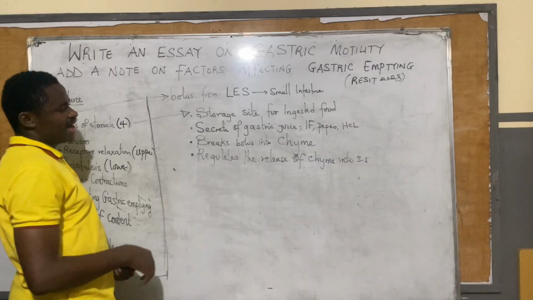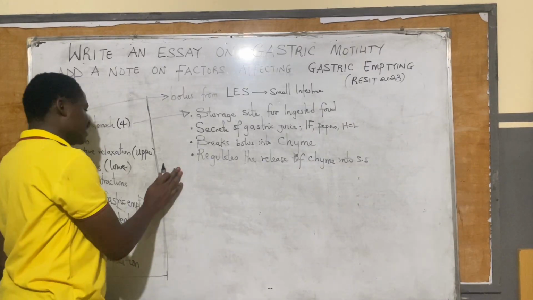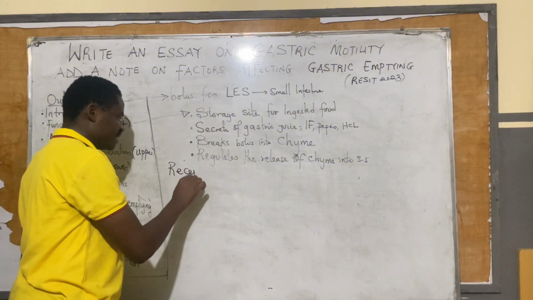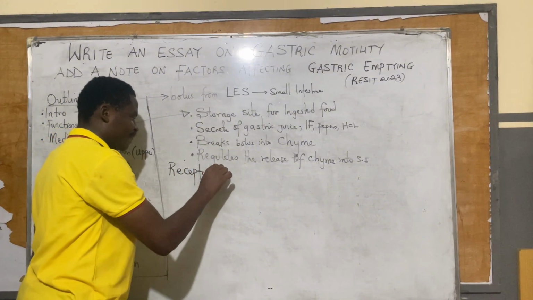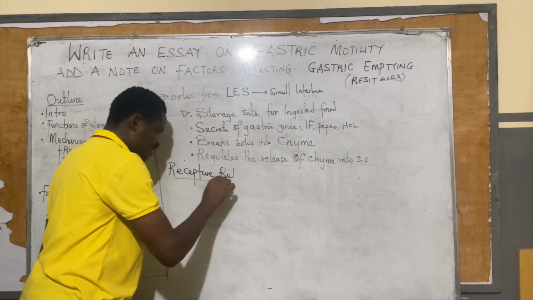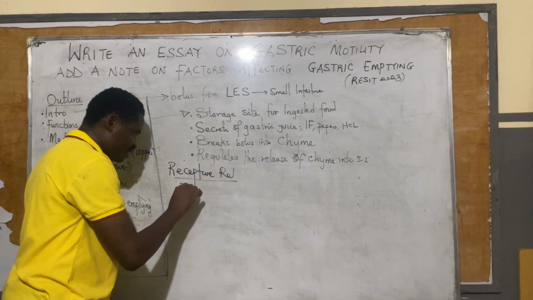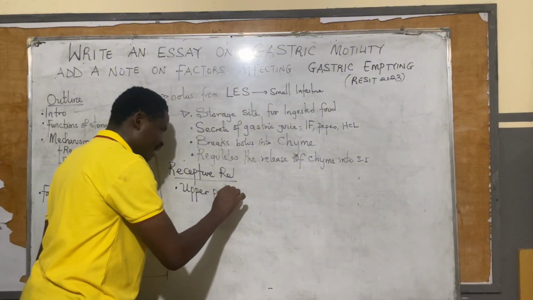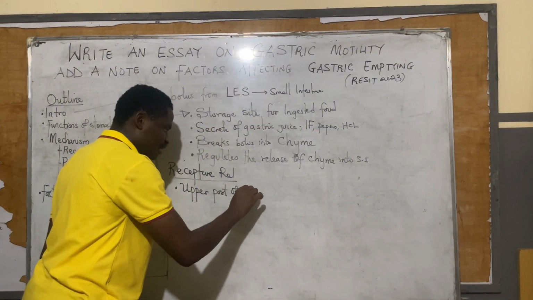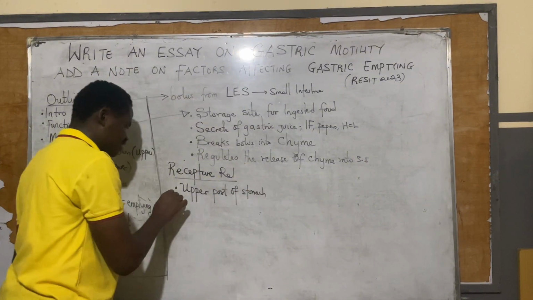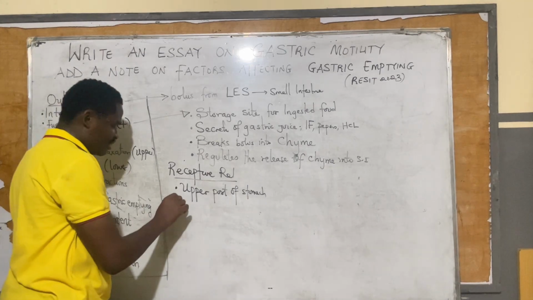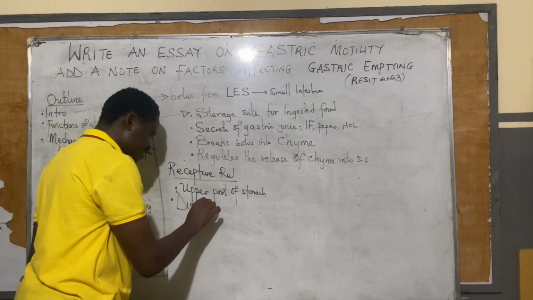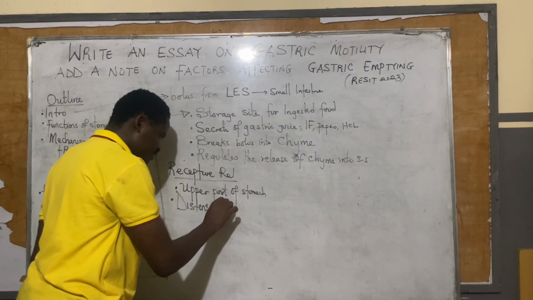Now let's begin with the mechanisms themselves. The first one is receptive relaxation. For receptive relaxation, you must say that this occurs in the upper part of the stomach. Since this occurs in the upper part of the stomach, it is a function of the distensibility of the stomach.